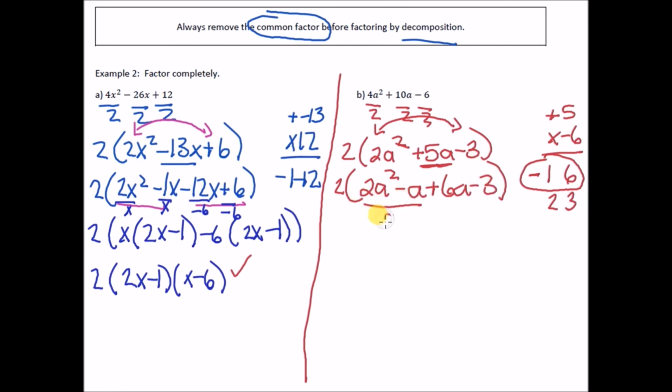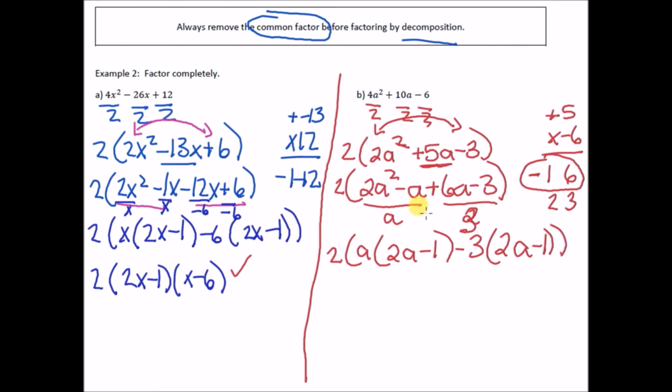These two terms can be divided by a. These two terms can be divided by 2. And we're left with 2a minus 1 plus 2. And it's going to be 2a minus, oh, that's divided by 3. Now it's 2a minus 1.